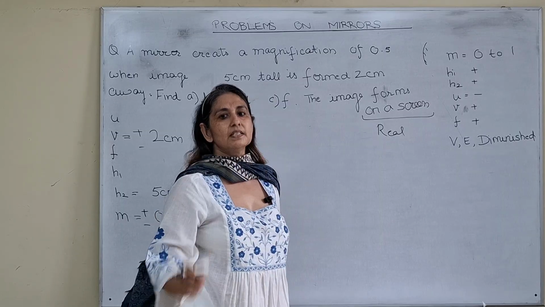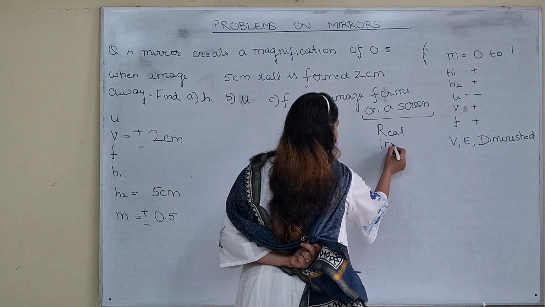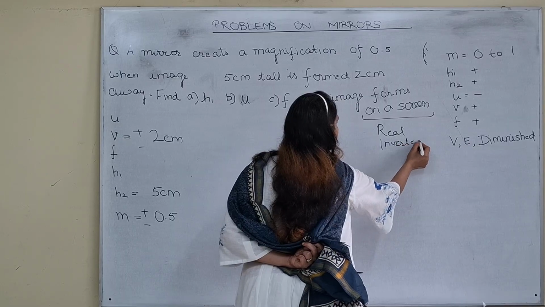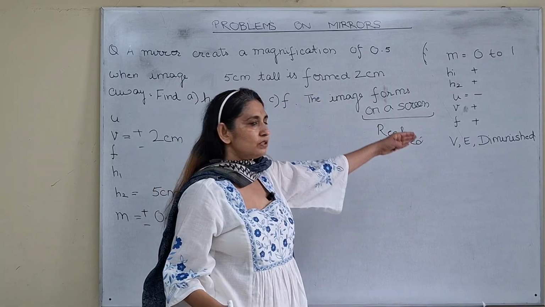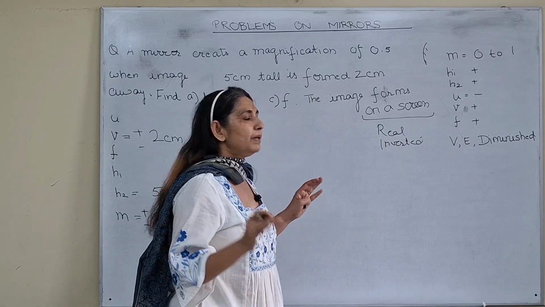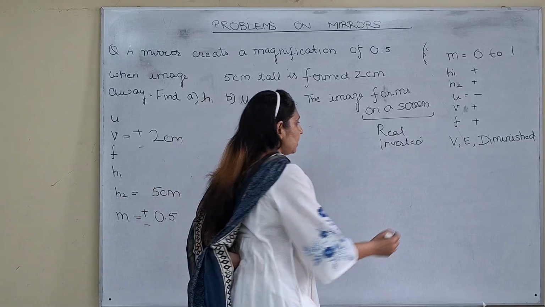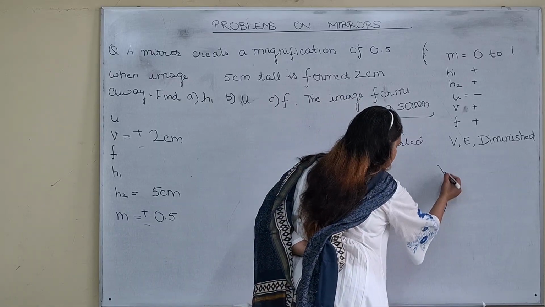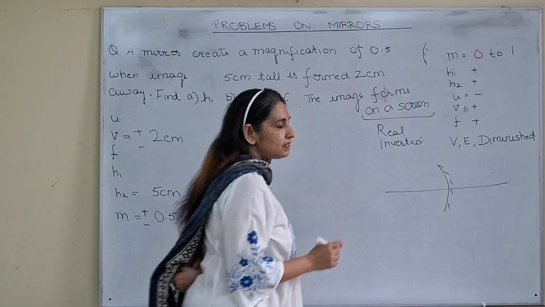Real always implies inverted. So ये भी हो गया inverted. Real and inverted, which mirror makes convex? तो कुछ नहीं बनाएगा, तो सिर्फ diminished और वो सब बनाएगा. So this becomes 100% a concave mirror. At least we'll draw it. Okay, for our estimation.